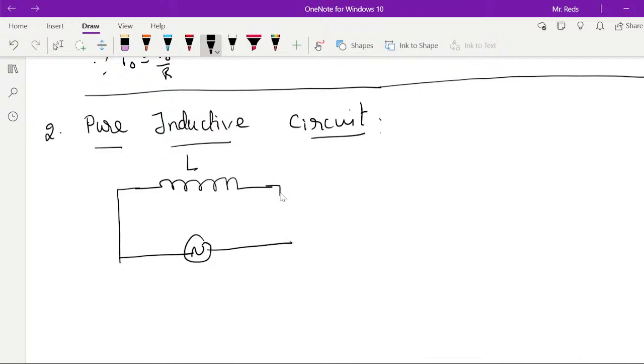an AC voltage source or EMF source, so that the EMF given by this is V equal to V naught sin omega t, then AC current will be drawn from this.